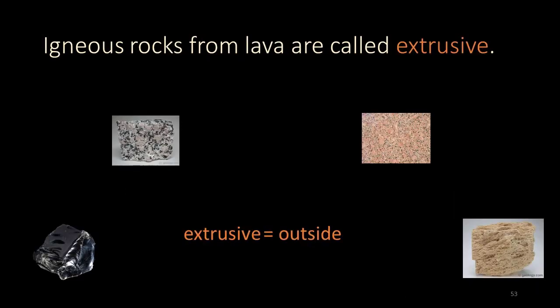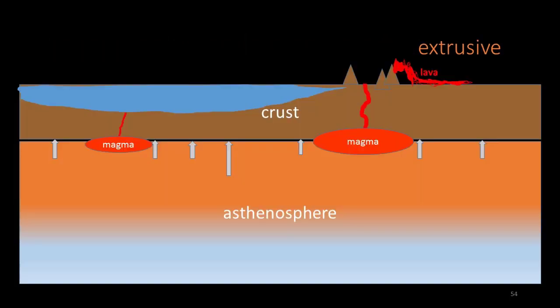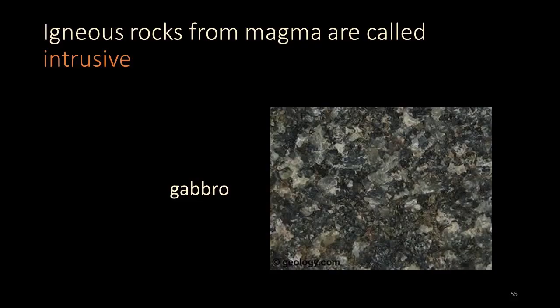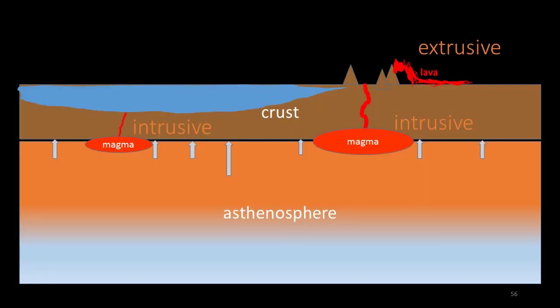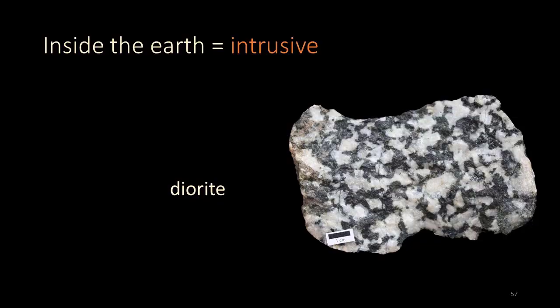Extrusive means the rock was formed outside the earth. Igneous rocks from magma are called intrusive. If they form inside the earth where magma is, they're intrusive.